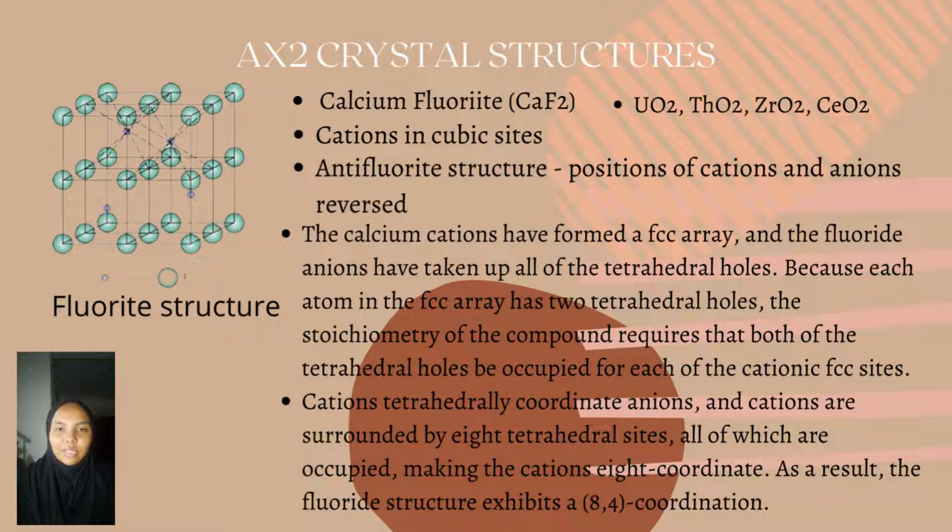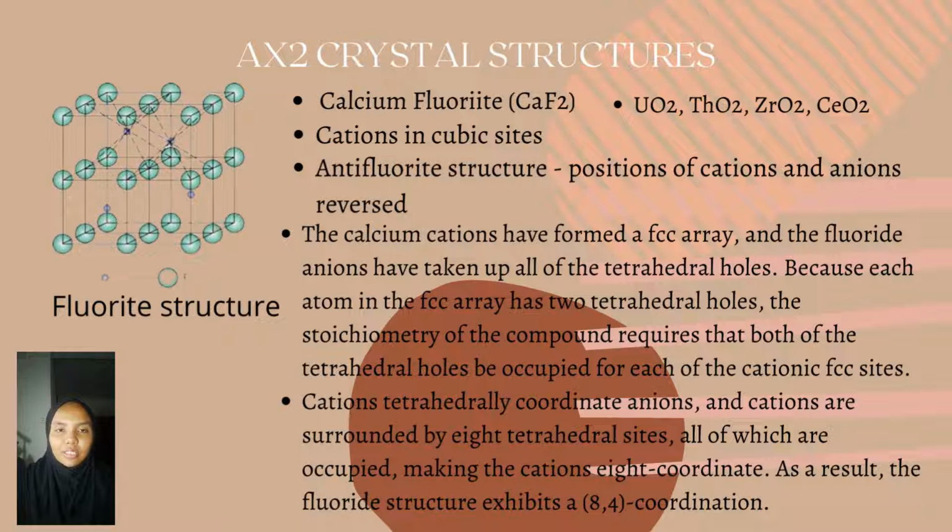The calcium cations have formed an FCC array, and the fluoride anions have taken up all of the tetrahedral holes. Because each atom in the FCC array has two tetrahedral holes, the stoichiometry of the compound requires that both of the tetrahedral holes be occupied for each of the cationic FCC sites.